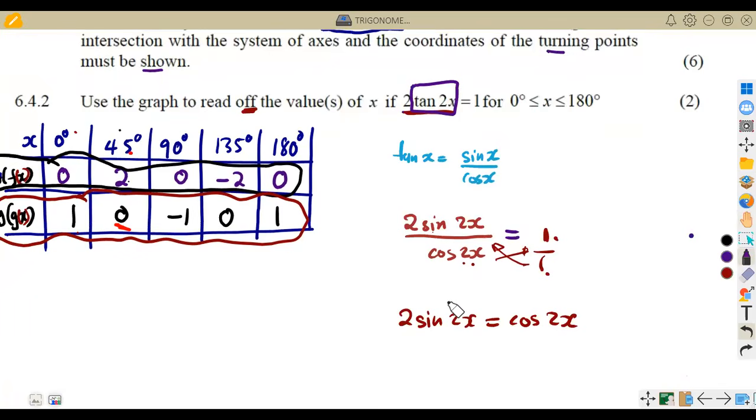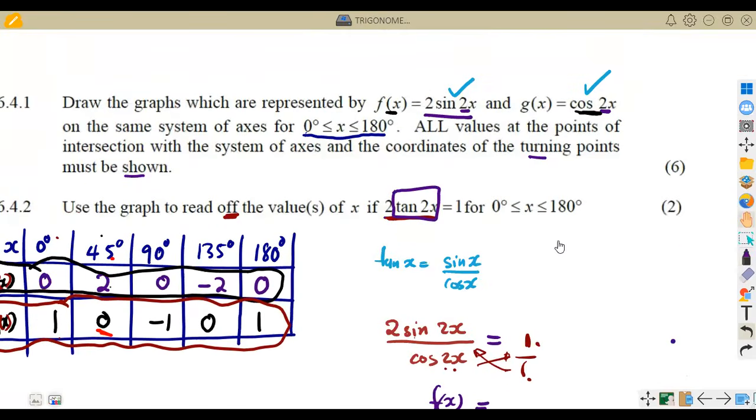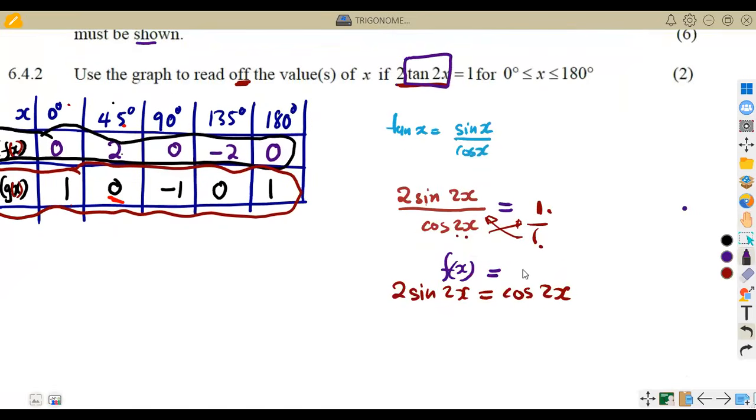So here they are simply saying f of x is equal to cos 2x, and cos 2x is g of x. They are simply asking what are the values of x where f of x is equal to g of x? And this condition happens at a point of intersection. We simply think of the point of intersection.